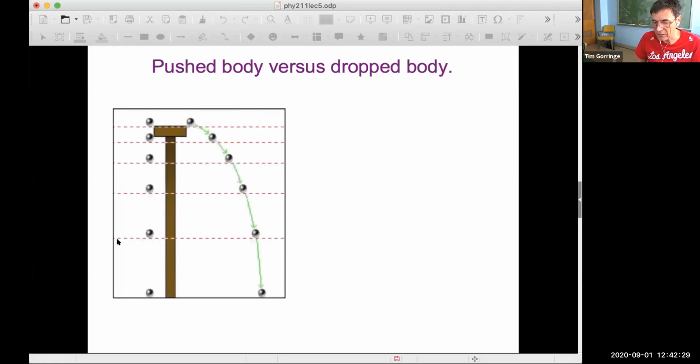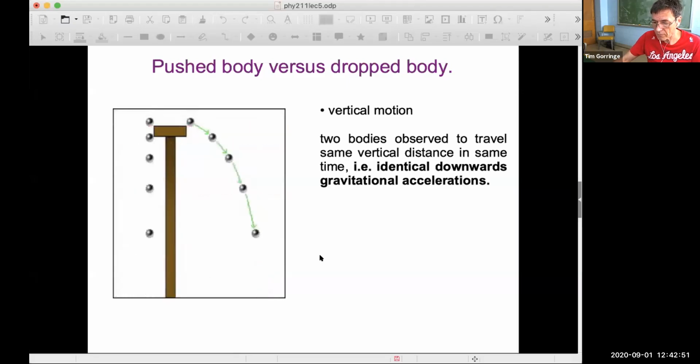And you see in this graphic, like we saw in the demonstration, that although the paths followed are quite different, if you just focus on the vertical motion, both spheres cover the same vertical distance in the same time. That was an important conclusion about the vertical motion. The two objects travel the same vertical distance in the same time, which means they must have identical downward gravitational accelerations.